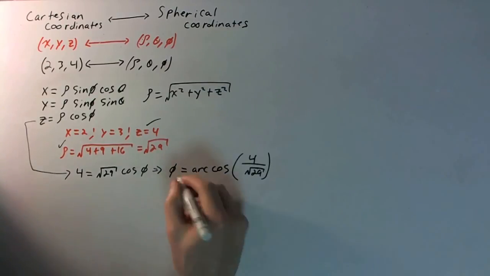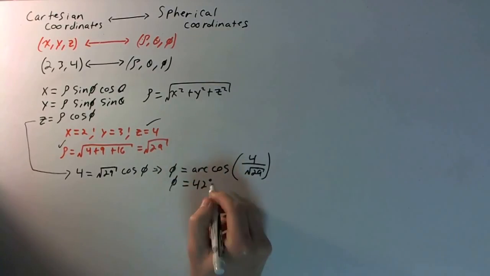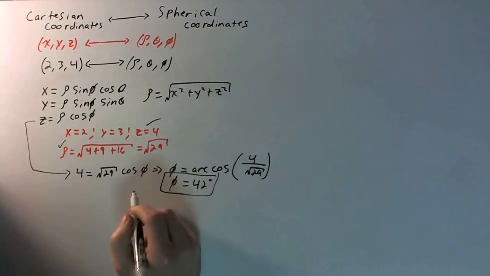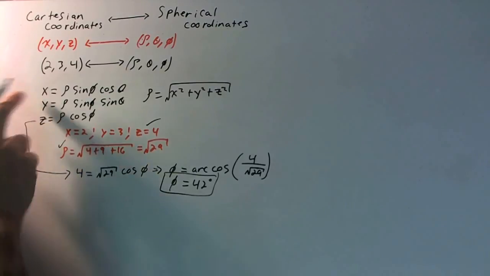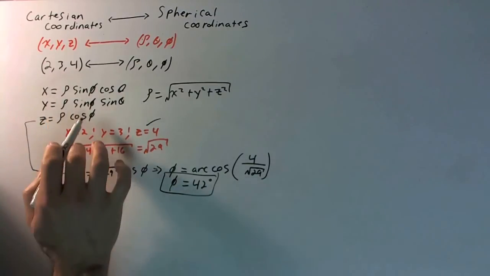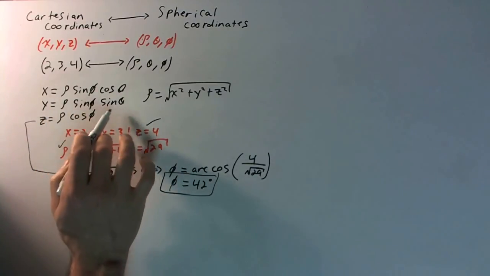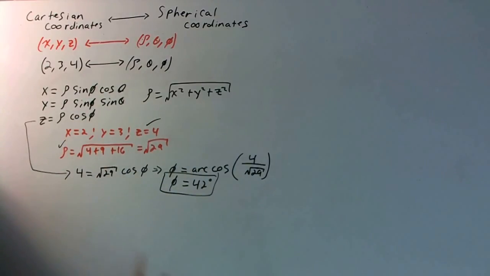Right, so phi is going to be equal to 42 degrees. And yeah, we know rho, obviously. Okay, so now that we know phi and rho, the only thing that's undefined is theta, and obviously you have one equation, one unknown. You can easily solve for it.